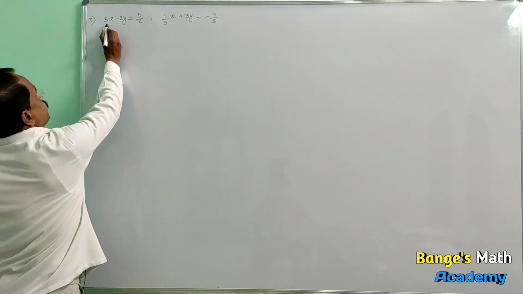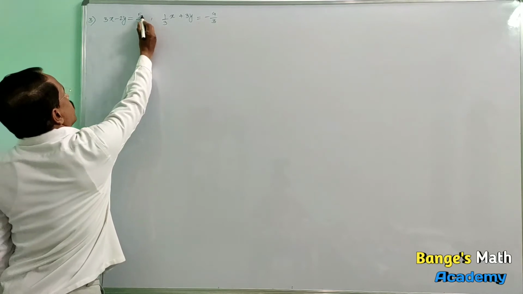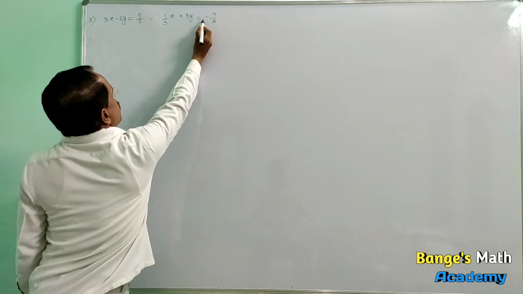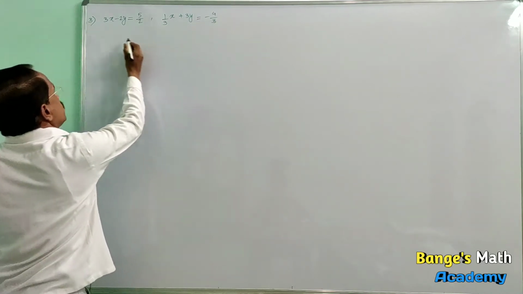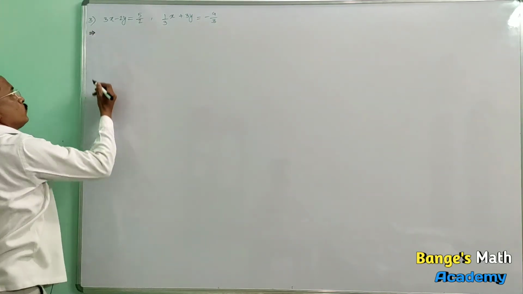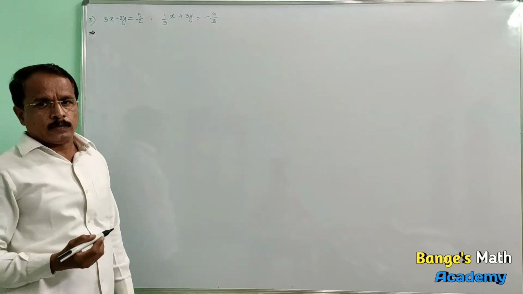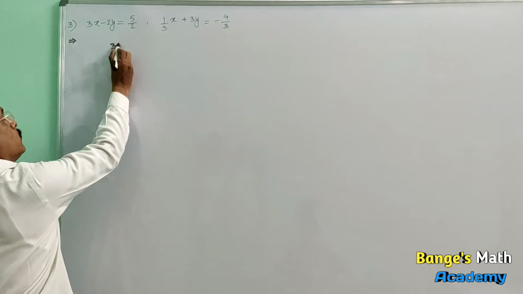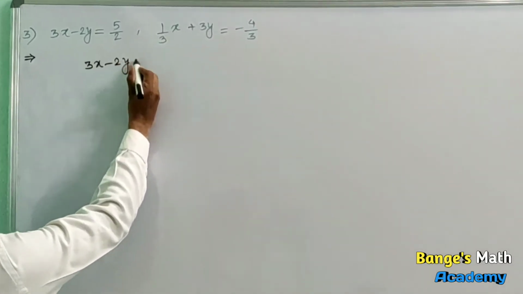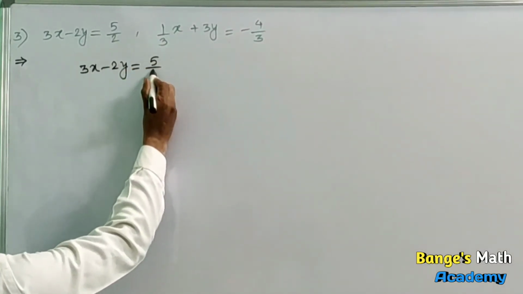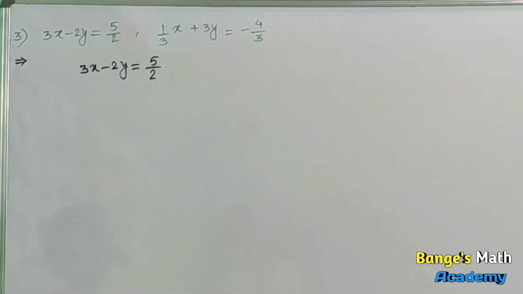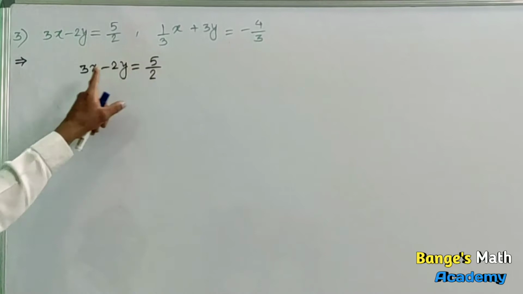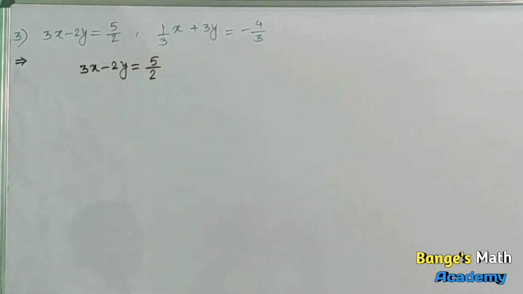Third example, 3x minus 2y is equal to 5 upon 2 and 1 upon 3 into x plus 3y is equal to minus 4 upon 3. We have to find out solutions of these equations by Cramer's rule. Write down given equation. 3x minus 2y is equal to 5 upon 2. Simplify this. To eliminate this 2, multiply each term of the equation by 2.